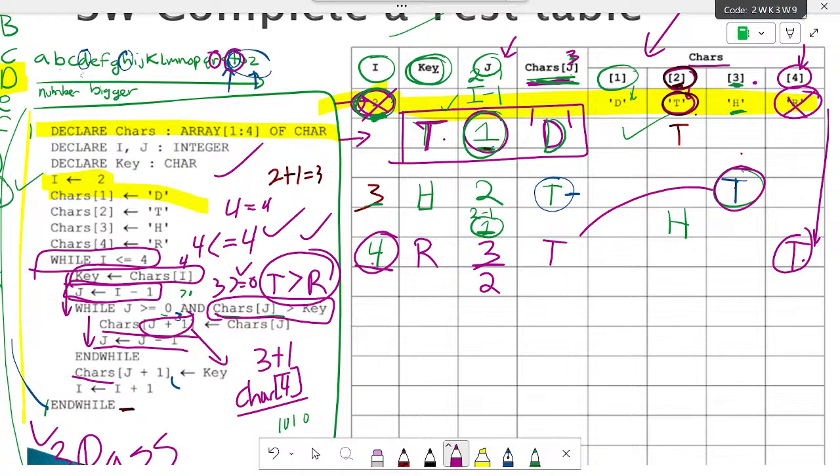Char J plus 1 is 2. This is 3. Agree or disagree? In this position you need to save the key. So in here, key is R. Where do you need to put the R, Wendy?